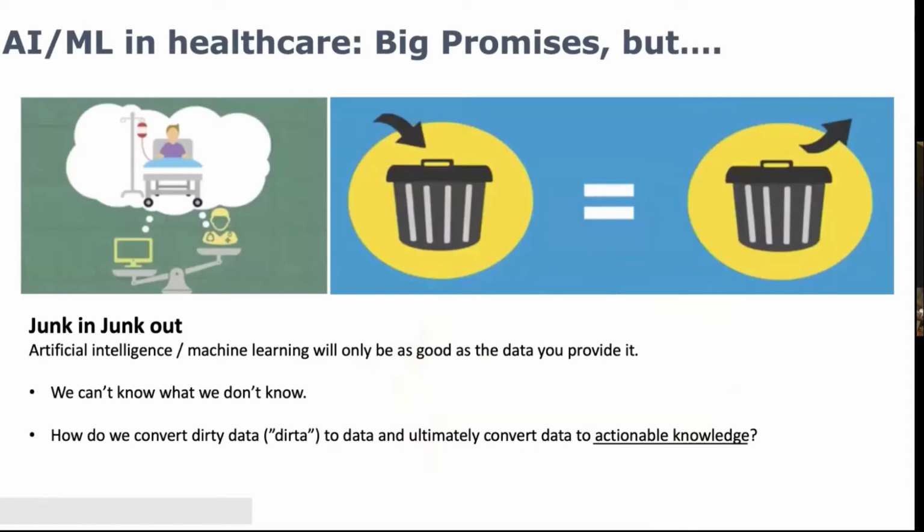The reason you want to do this is the whole concept of garbage in, garbage out. If the data is no good, or may exaggerate certain things, or may not represent the final target and not correlate with cancer or acute kidney injury or whatnot, then it's not going to be useful in terms of the model itself.